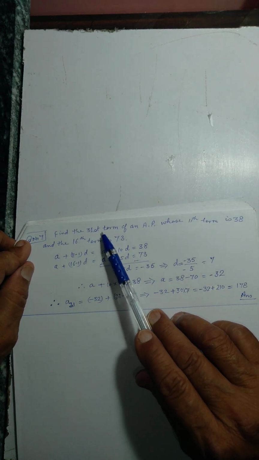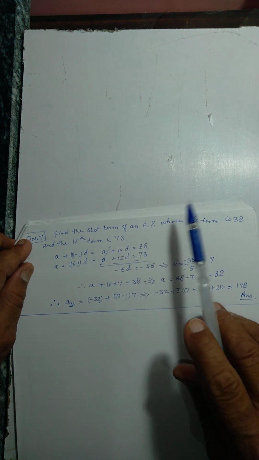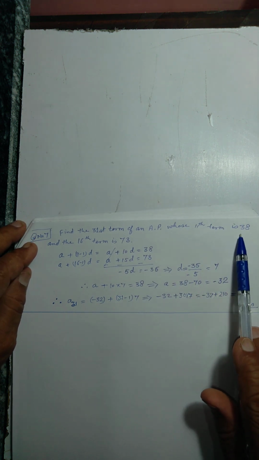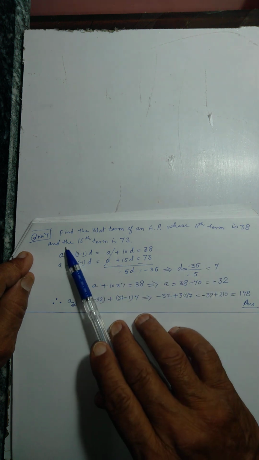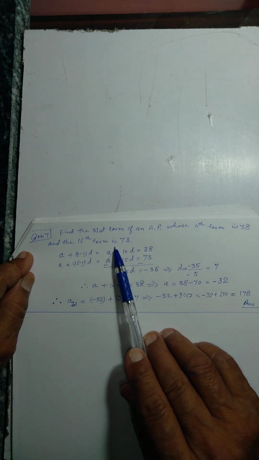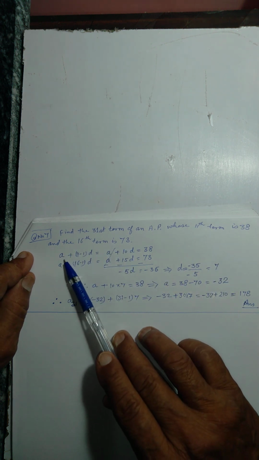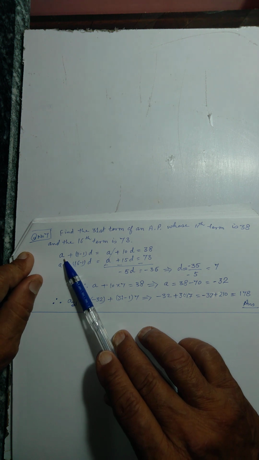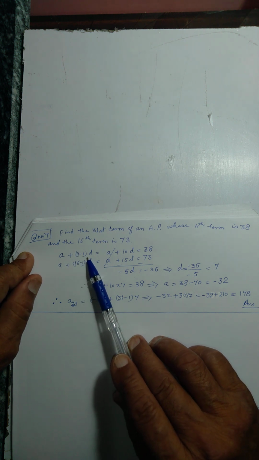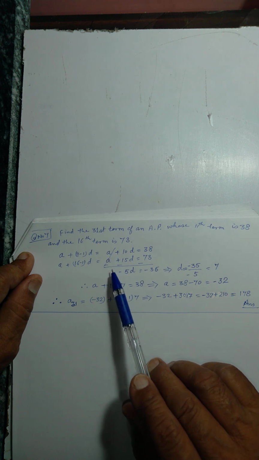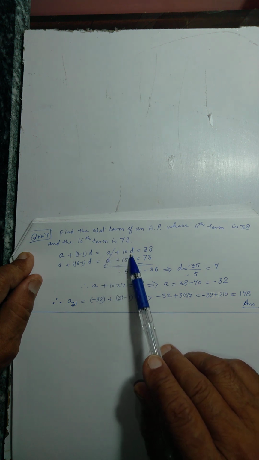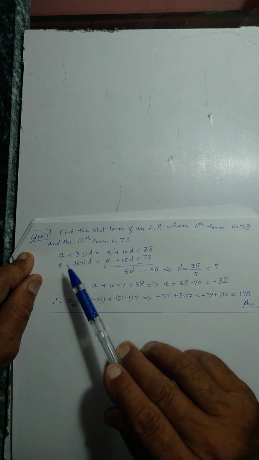Find the 31st term of an AP whose 11th term is 38 and the 16th term is 73. So A plus (11 minus 1) into D, that is A plus 10D, is equal to 38.